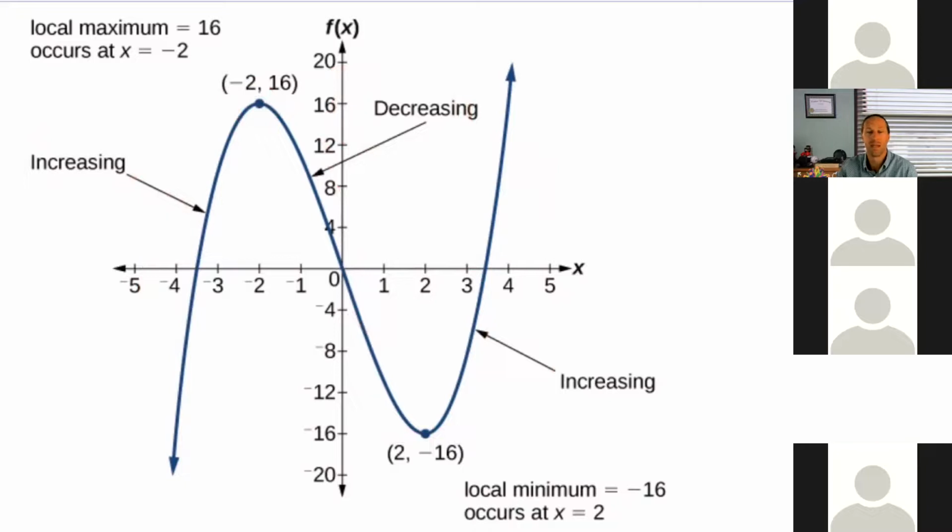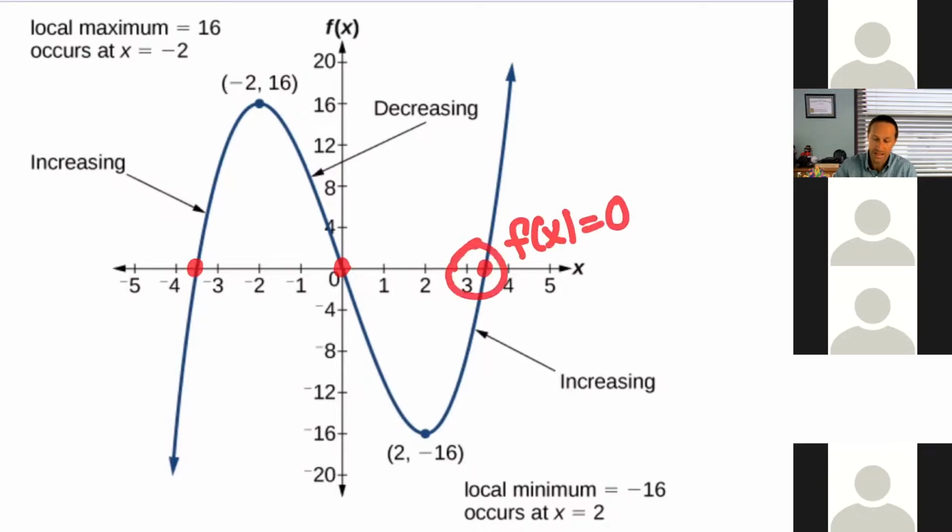Okay, and those are going to be key points for us to be able to find in calculus. And luckily in calculus, we'll find a much, much quicker and better way to find those values. Okay, but for now, we're just going to talk about them, make sure we recognize them, and then hopefully if the function is decent enough, we'll try to find some of these things. Other key points that we like to find is where our y values are equal to 0.